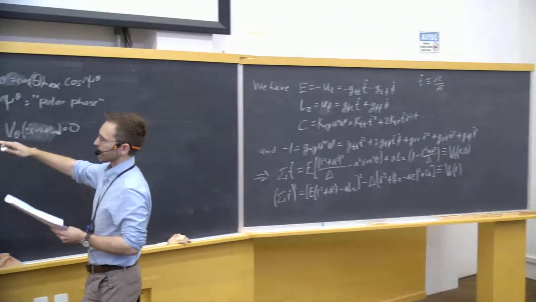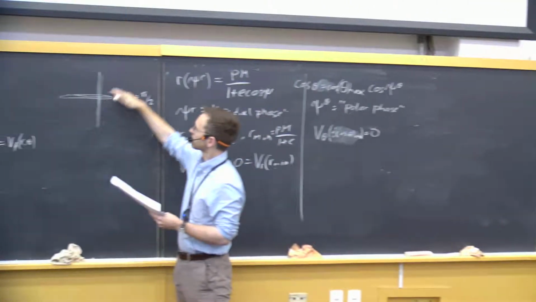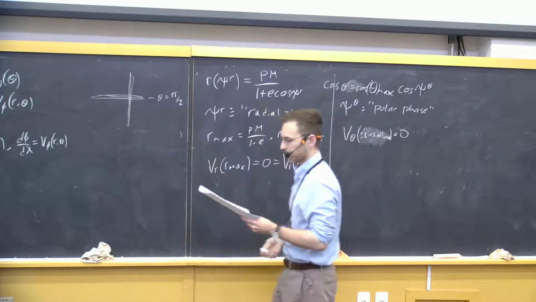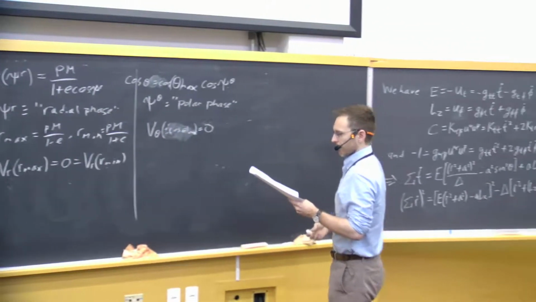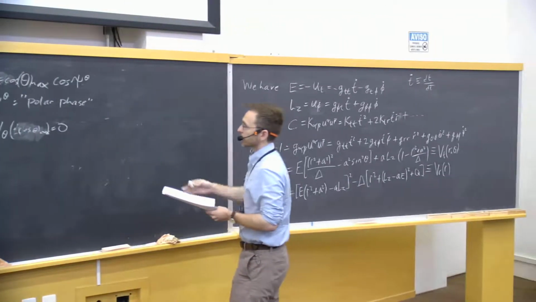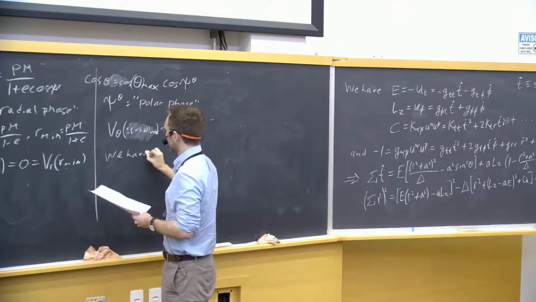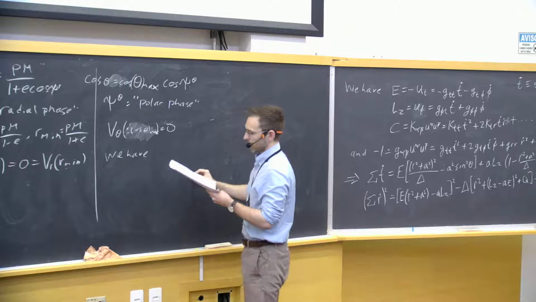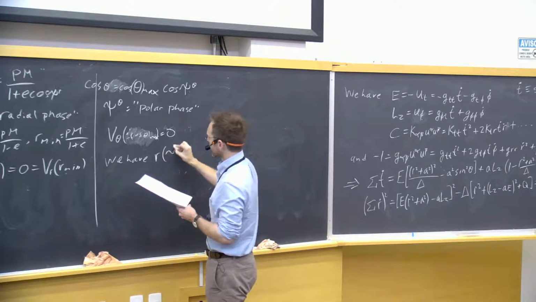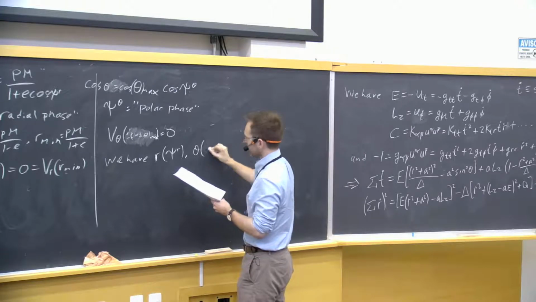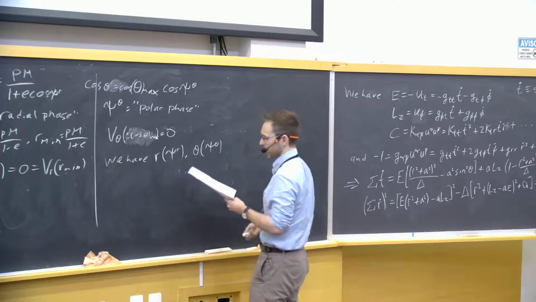So cos theta max is like the maximum z value, and minus cos theta max is down there. Okay, so we have r as a function of the radial phase. We have theta as a function of the polar phase.